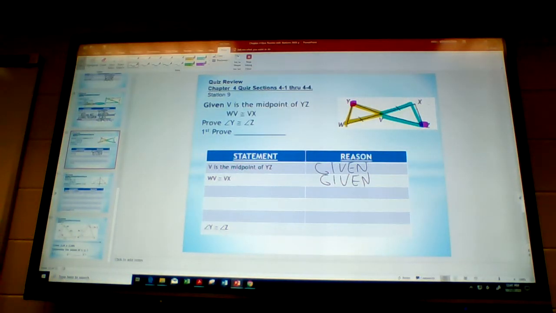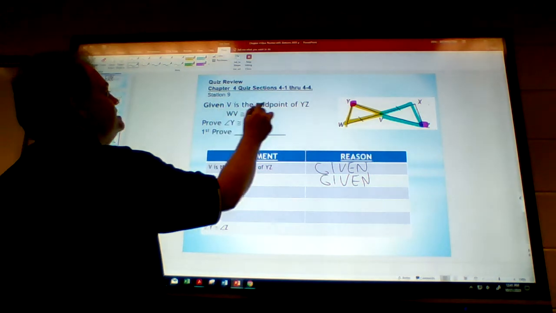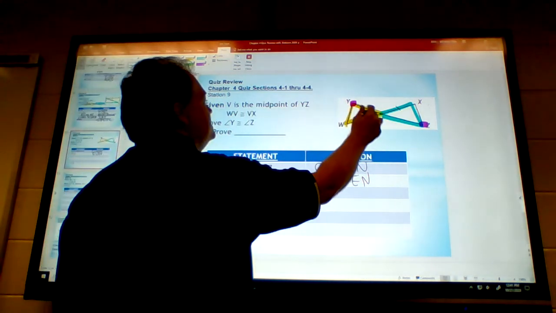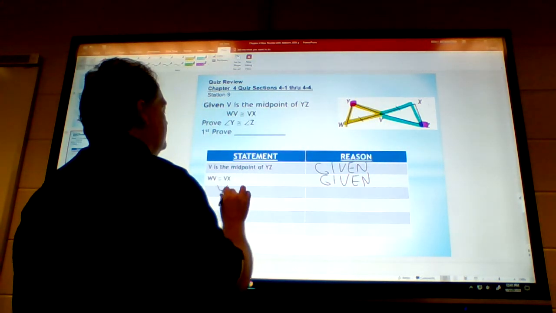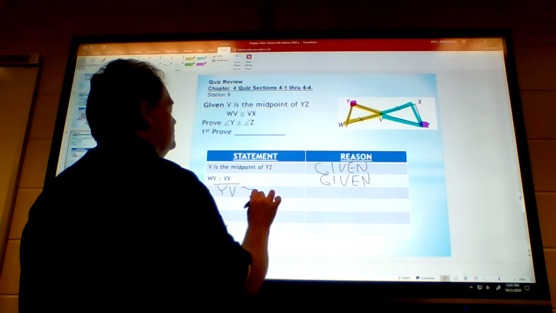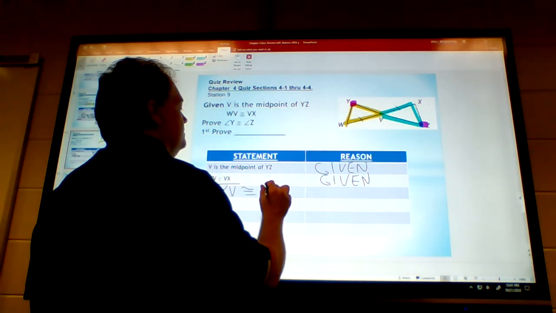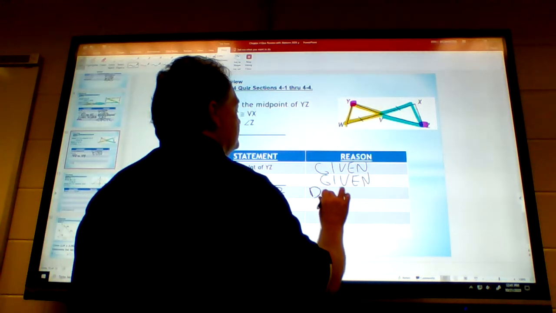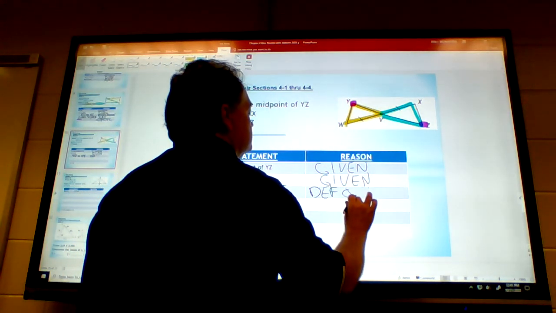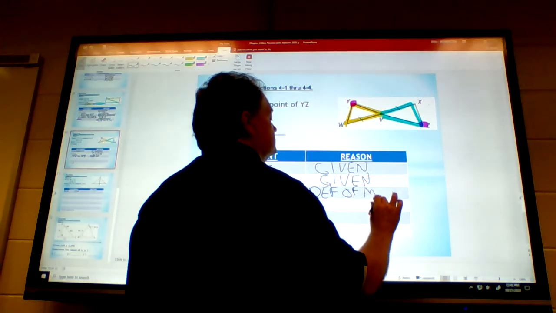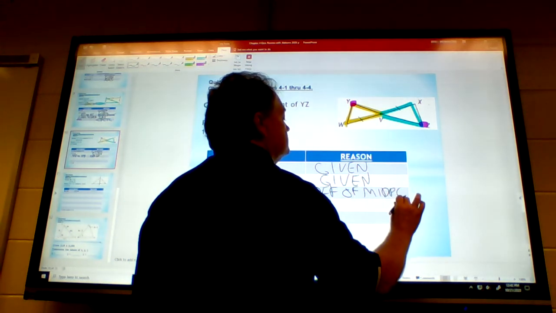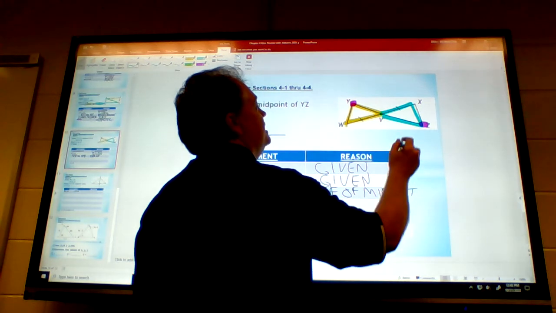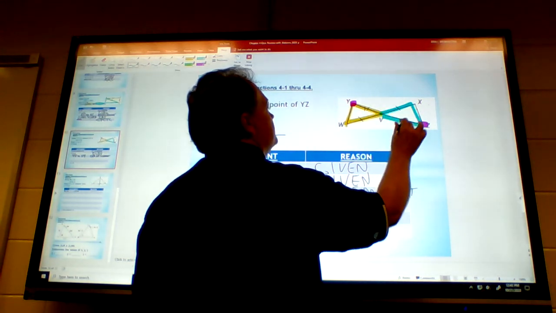Now, I'm also told that V is the midpoint of YZ. So that means that YV is congruent to VZ, and that is by definition of midpoint.